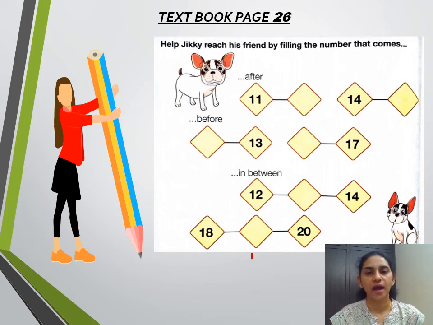Now here, after number. What is the after number for 11, children? In this column you have to fill in what comes after the given number. Yes, it is 12. Children, please write it down in your textbook.